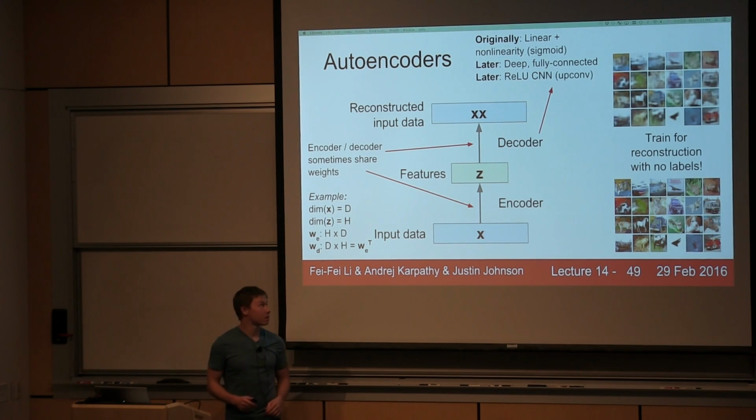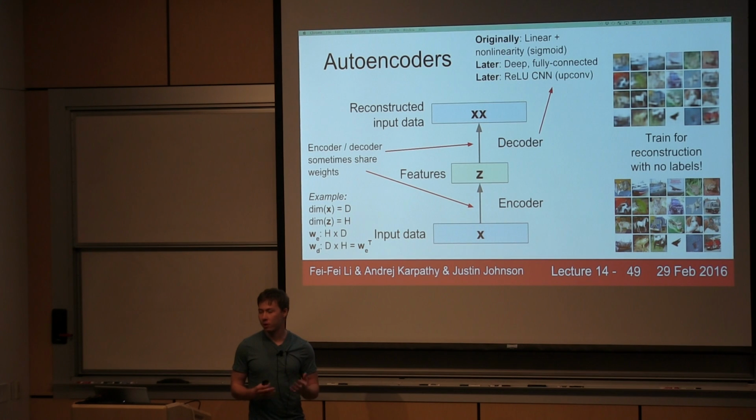Another thing that you'll sometimes see is that these encoder and decoder networks will share weights, just as a regularization strategy, and with this intuition that these are opposite operations, so maybe it might make sense to try to use the same weights for both. As a concrete example, if you think about a fully connected network, then maybe your input data has some dimension d, and then your latent data z will have some smaller dimension h.